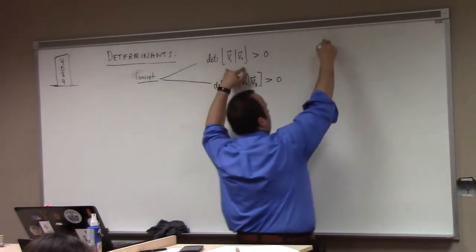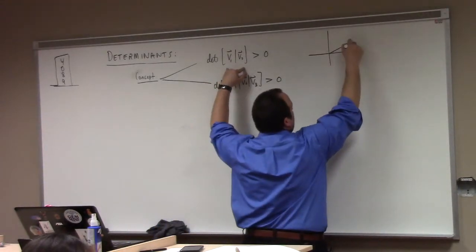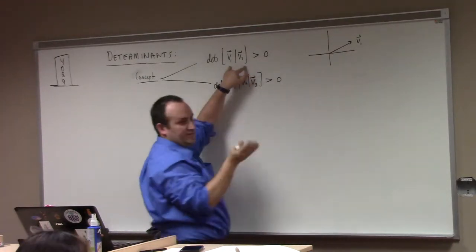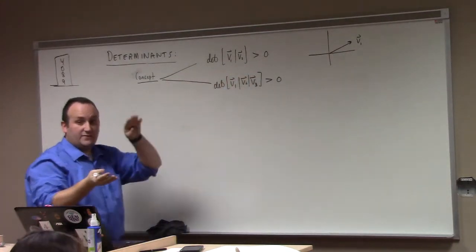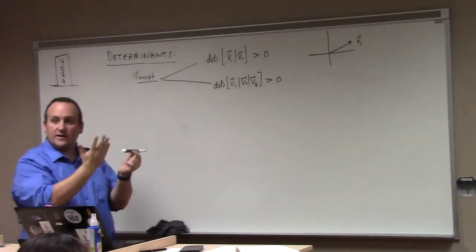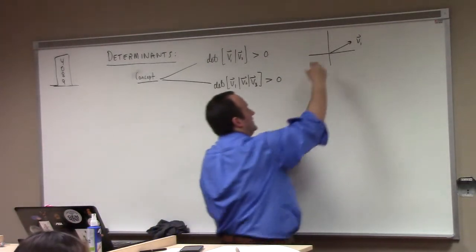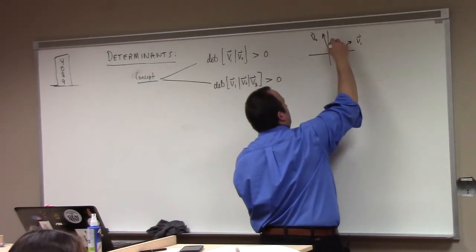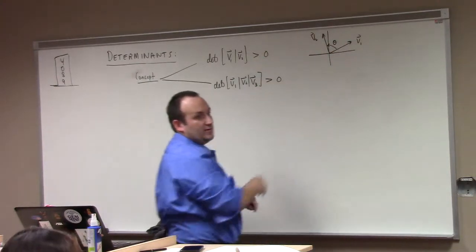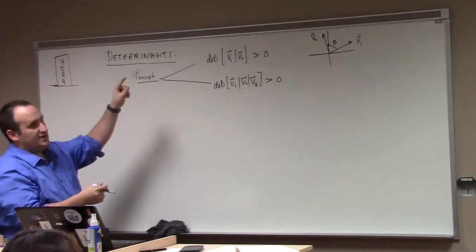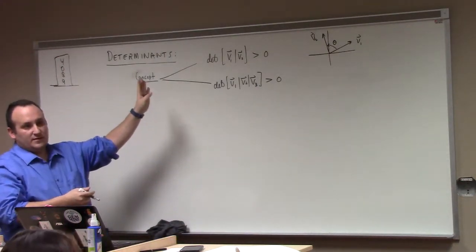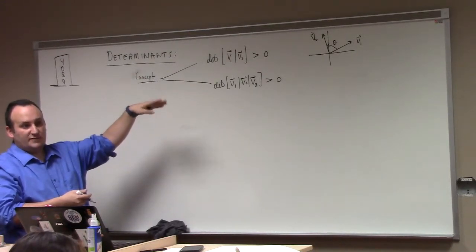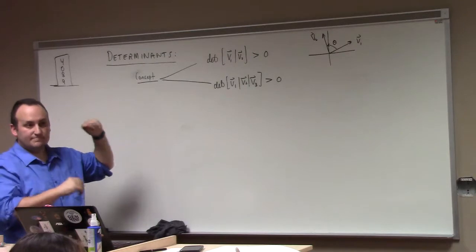And the long story short of it is simply this: if v1 is like this, and if this determinant's positive, what that means geometrically is to get from v1 to v2, it's a counterclockwise rotation. So v2 would look something like that. But the point is, it's a theta. It's counterclockwise if it's positive. If the determinant's negative, that means that the first column is clockwise rotated to get to the second column. If the determinant's 0, they're collinear.